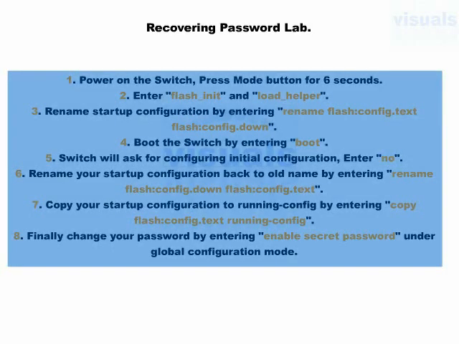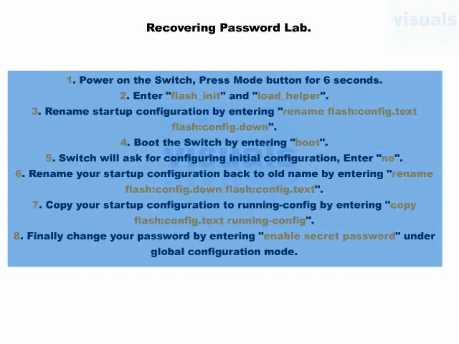At the first step, I powered on the switch and pressed the mode button for 6 seconds. I got that mode. If you remember, I entered flash_init and load_helper one by one, but first I performed flash_init. Then I showed you the flash with dir flash: and mentioned the colon also there. Then I renamed the flash config.txt to config.down and booted the switch. Then the switch asked me for initial configuration.